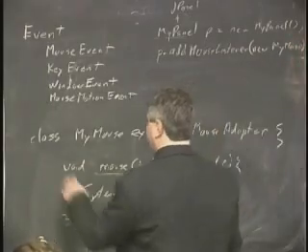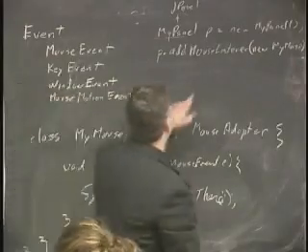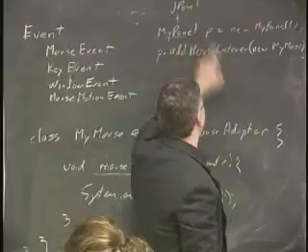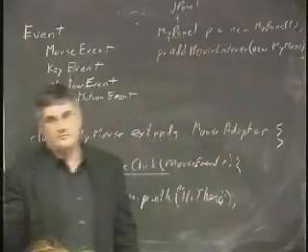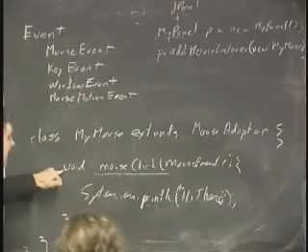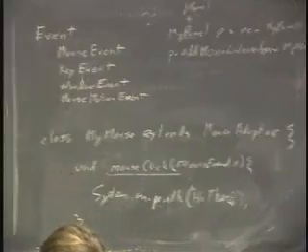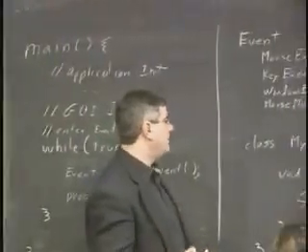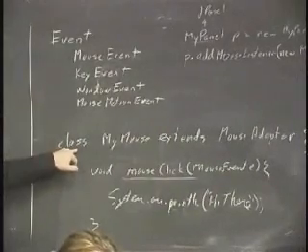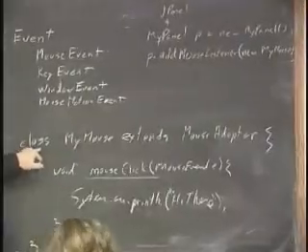This makes a new version of myMouse, which has a click handler routine, and sends it off to the panel object, the panel window I created, which basically says to the window system, if you get a mouse click in this panel window, call this method. And that's what happens. So basically, event-based programming consists of writing lots of these methods in these adapter classes, or listener classes, let's call them.